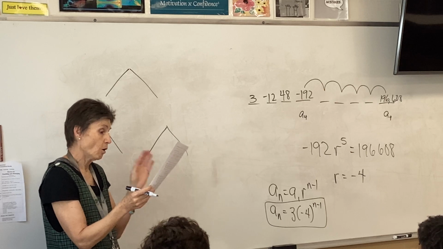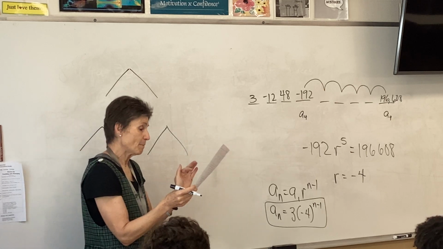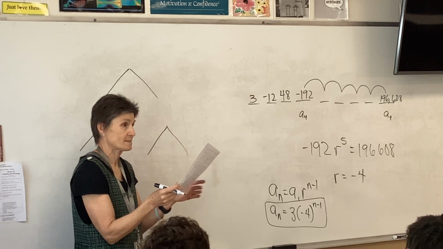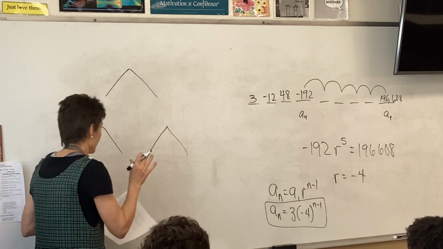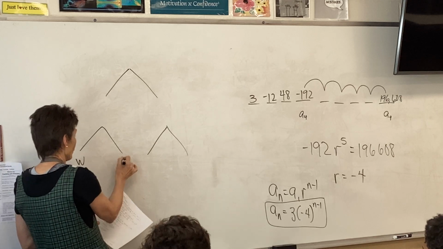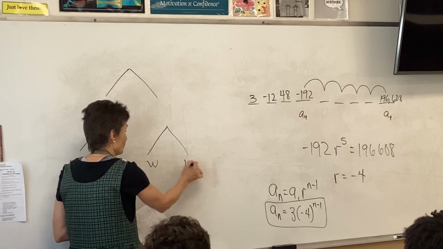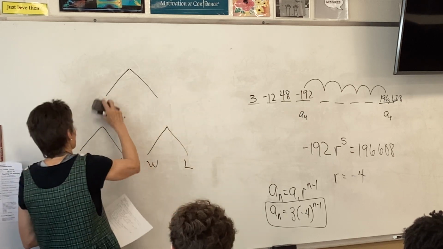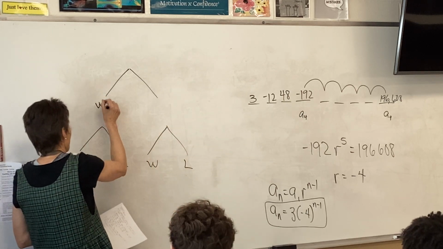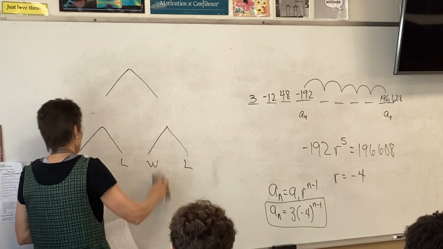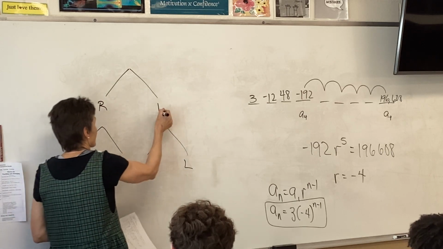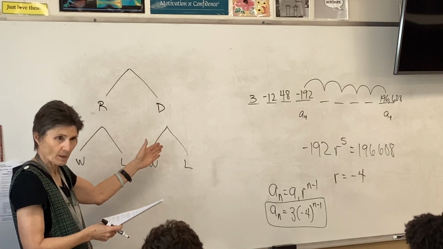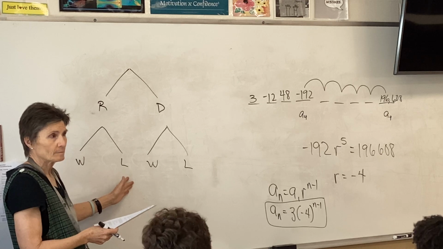So the question ultimately is, find the probability that Mudear wins. So she's going to win or lose, win or lose. It's going to be rain, or let's say wet, or dry. So rain or dry. So does that setup make sense to you? It's going to rain or not rain, win or not win.